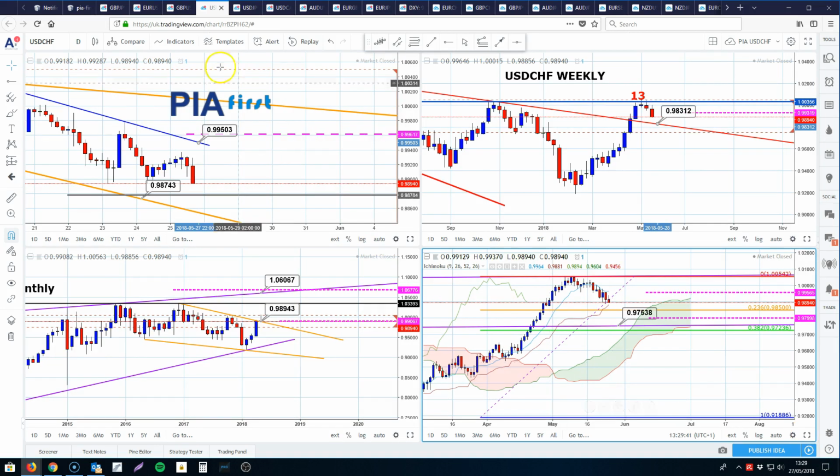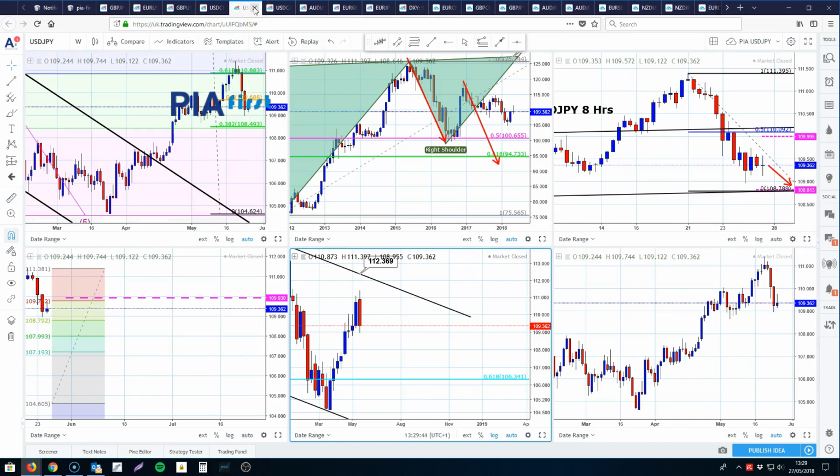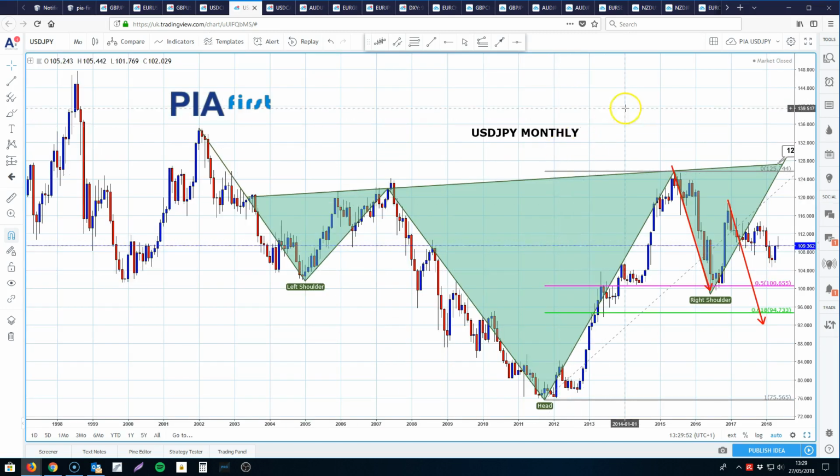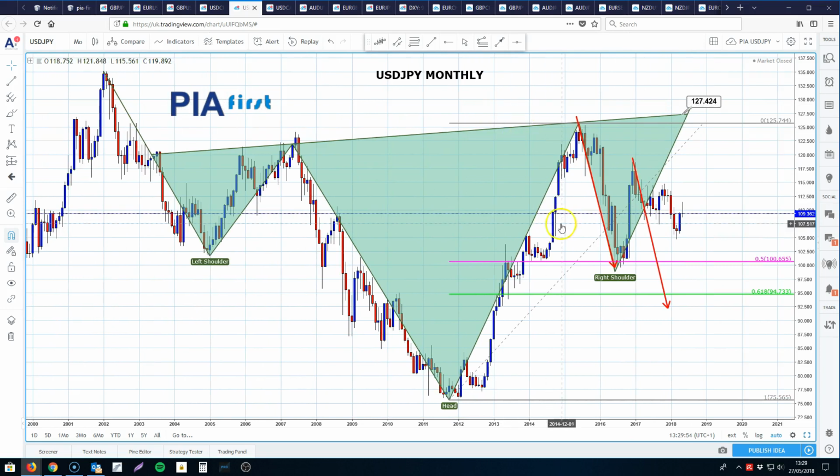Dollar yen, quite an interesting week, I think, for dollar yen. If we just break down the time frames, monthly chart, we're in a very large bullish head and shoulders formation.